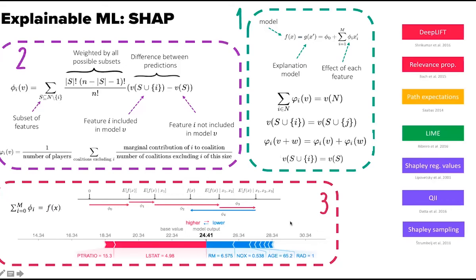This is taken from the paper, and it seems that those are also genes. So we have some base value, and we also have the different effects of different features. We can see that our actual output from the model is 24.